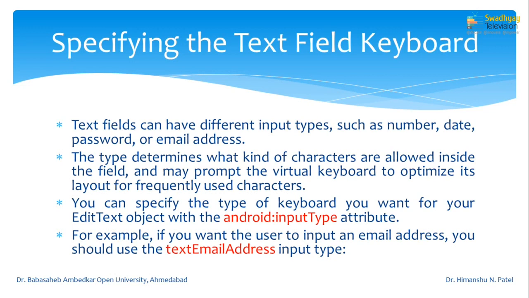For example, if I want to type a phone number, I do not require ABCD, I just require 1, 0 to 9 and some special symbols. So, a text field can have different input types such as number, date, password or email address.